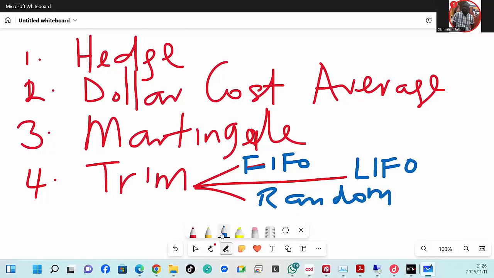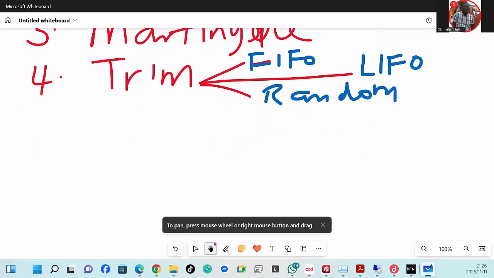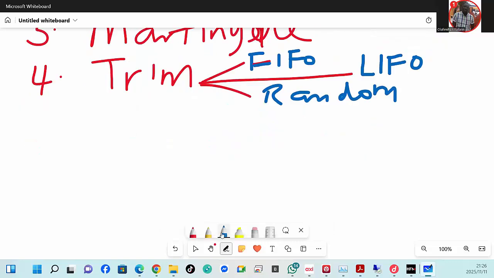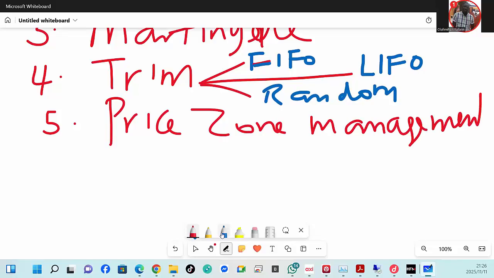That is under our trimming when we want to trim. Five, we have price zone management. Six, you have rollover.